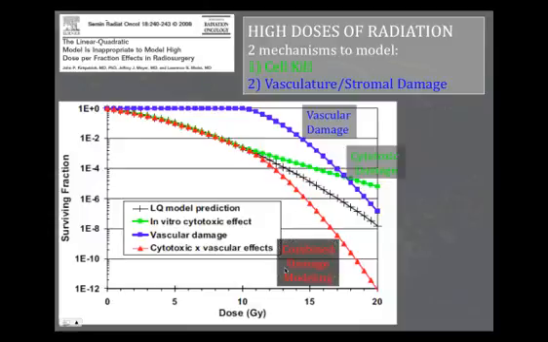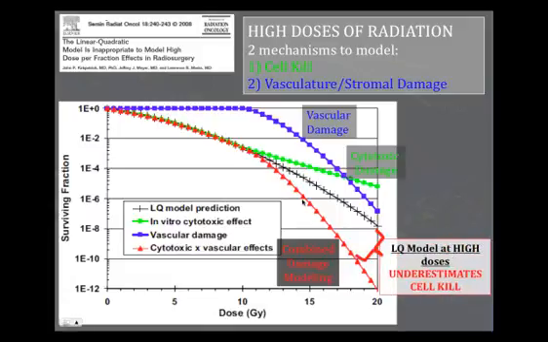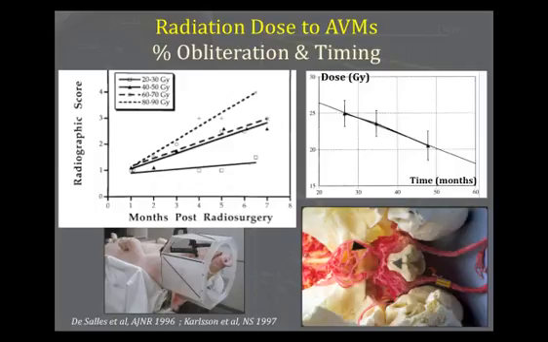And when you add all this up, you see the linear quadratic model actually underestimates cell kill when you are applying a high dose per fraction of radiation, or a high dose of radiosurgery.